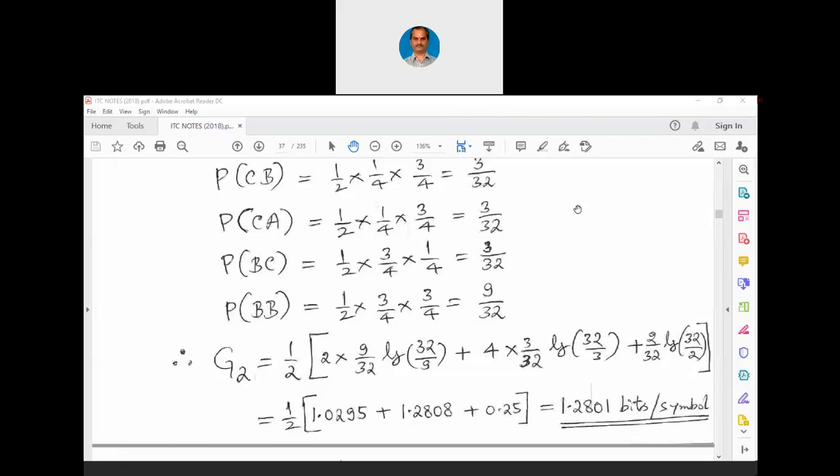As I've been telling you from the beginning, the goal of any communication system is to convey more and transmit less. When we transmit less, we save a lot of resources. When we save a lot of resources, we reduce the cost of the transmission. But the information has to be conveyed as it is, without any compromise in the quality of conveying of the information.